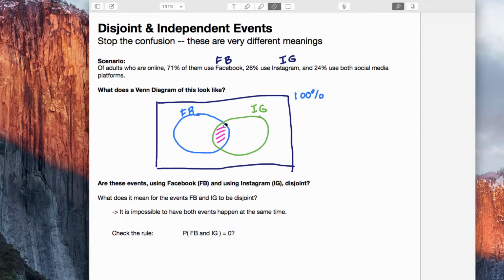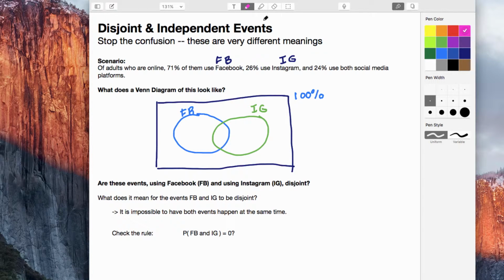So I'm going to fill in some of these numbers right here. We had 24% of people who use both. I'm going to start with the middle section because that is the most specific out of all these probabilities. The 71% of adults using Facebook, it is just, if you had people in a room and you said, do you use Facebook?